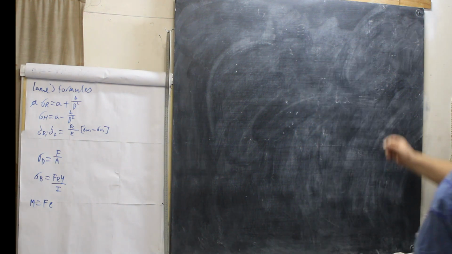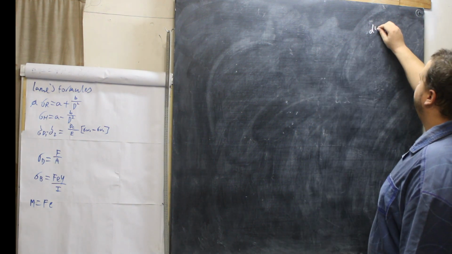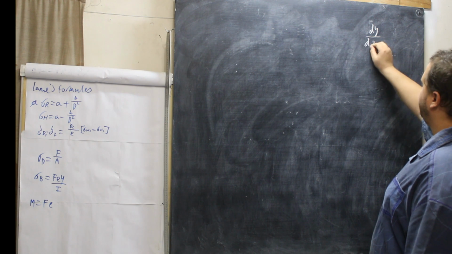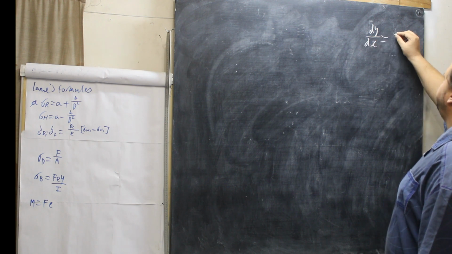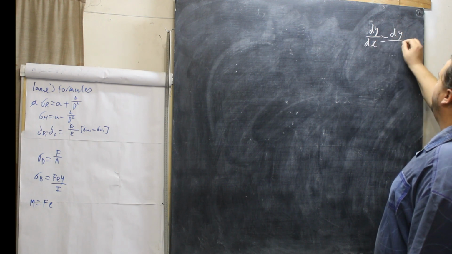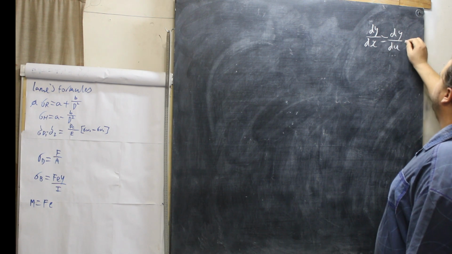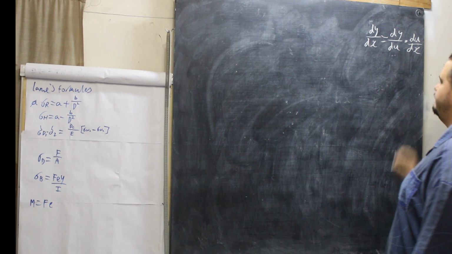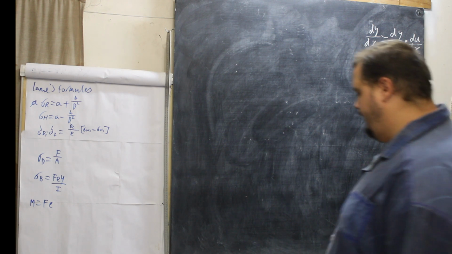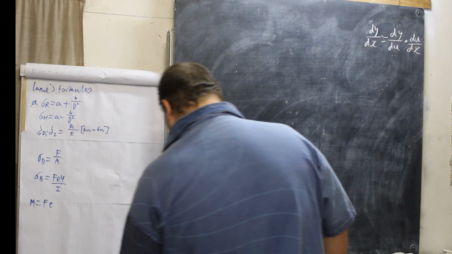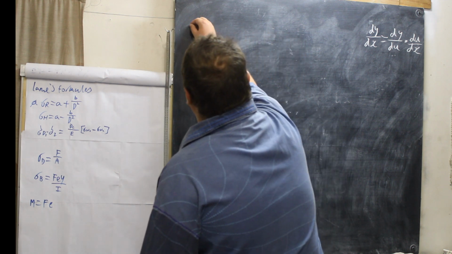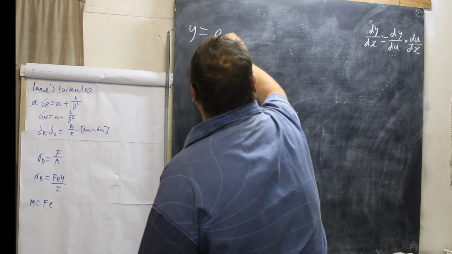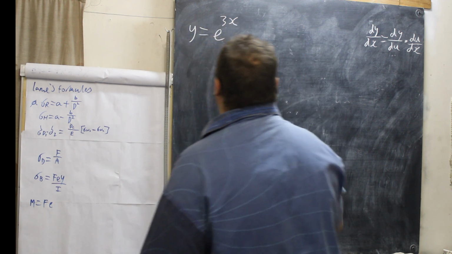Okay, this is the chain rule: dy over dx equals dy over du times du over dx. Now, what we're going to do is solve y is equal to e to the 3x.